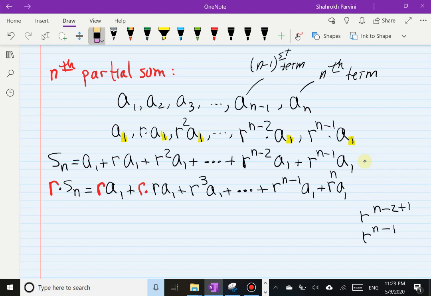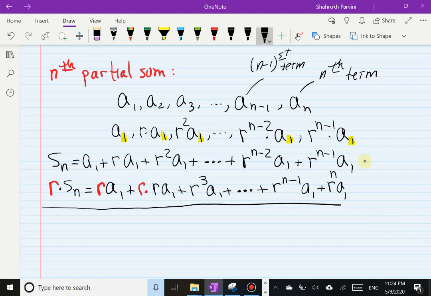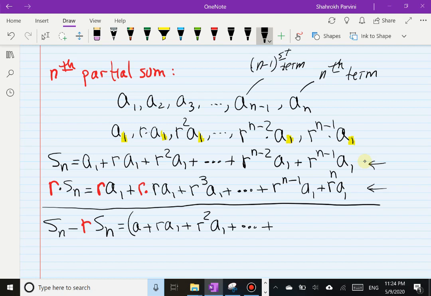So this is what that expression looks like. Next, what we want to do is subtract. We have these two expressions, this one and that one. Let's do S sub n minus r S sub n. In other words, we're subtracting the bottom expression from the top expression. So that's going to be a1 plus r a1 plus r squared a1 plus dot dot dot plus r to the n minus 1 a1.